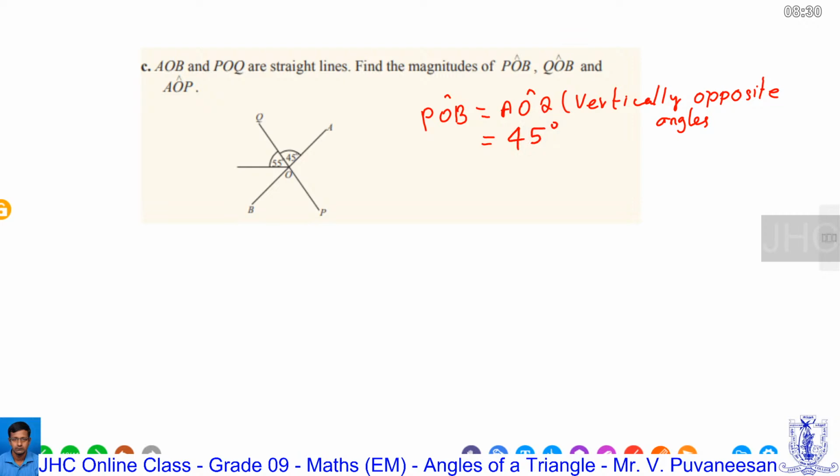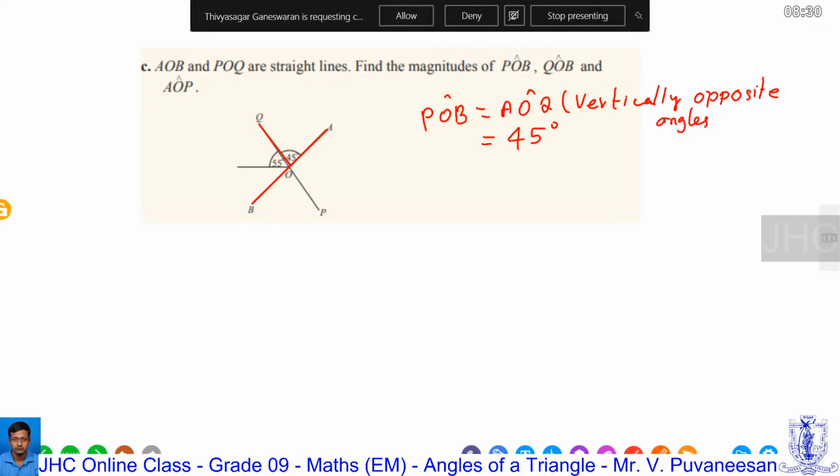Next, QOB. Okay, look at this straight line. Sum of these two angles is 180 degree, angles on a straight line, because AOB is a straight line, okay?